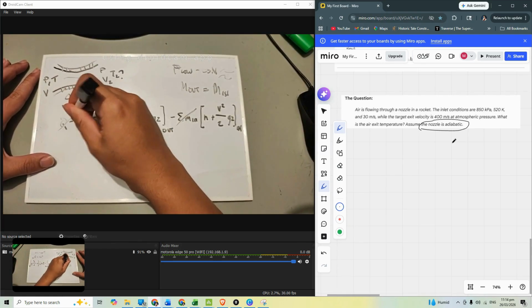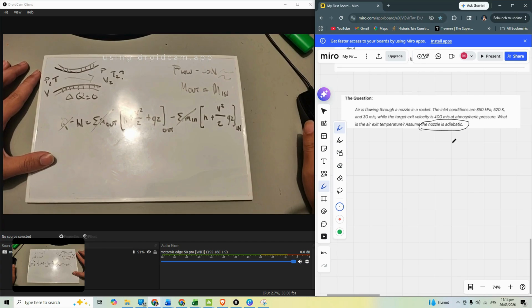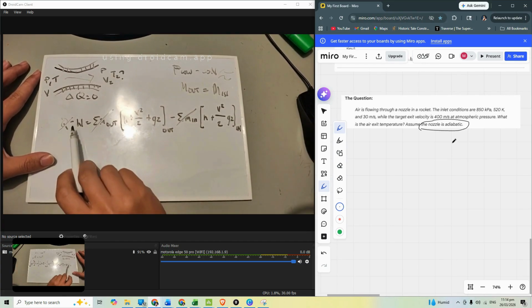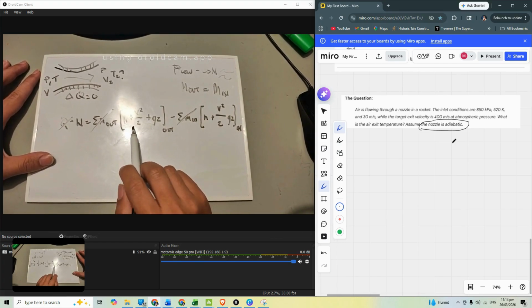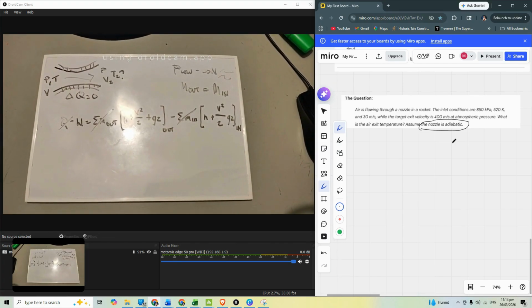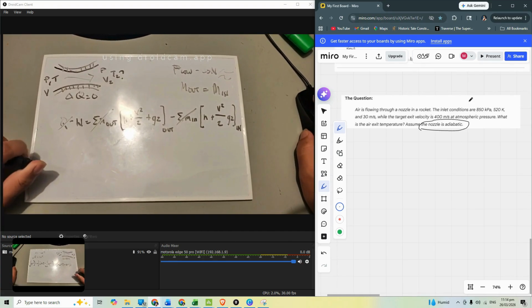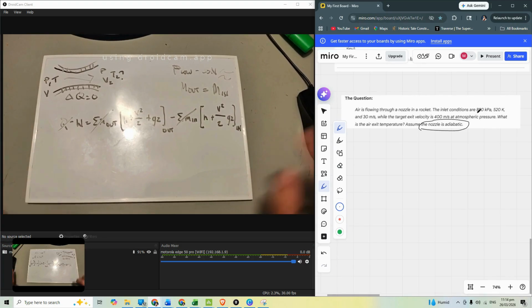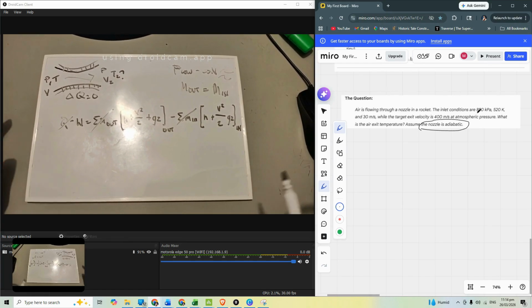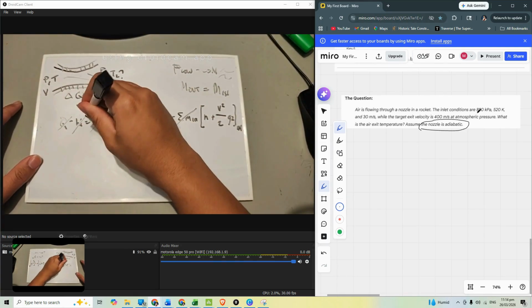So that's also cancelled. Now, what else do we have? We have the work, the enthalpy, the velocity, and the gravity. We also don't have anything mentioned here about any work, any piston, any spring doing the work, or a heater, or something that's pushing or propelling our air in the nozzle. So we're gonna cross it out.